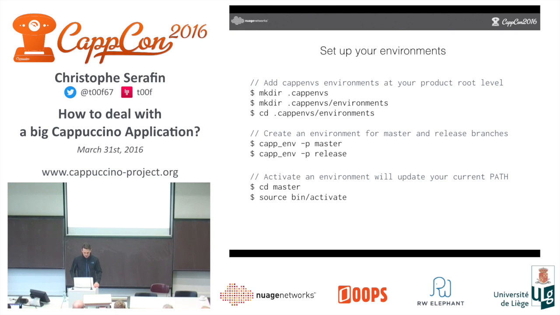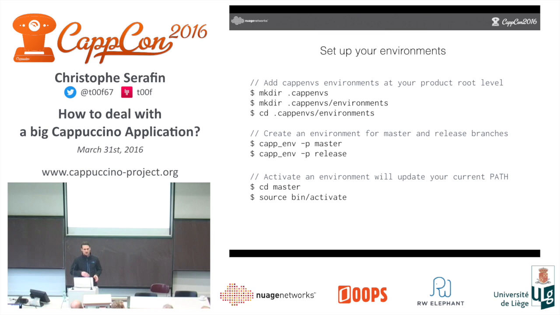So for instance, we use CappEnv and environments. Then you have to create the two environments, cappenv master and release. It will make two folders. And as soon as you do this and run source bin/activate within your master, it will change your cap build path.